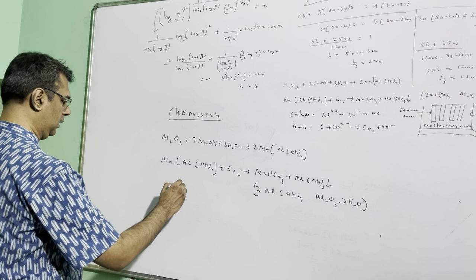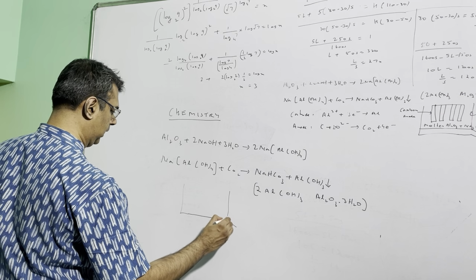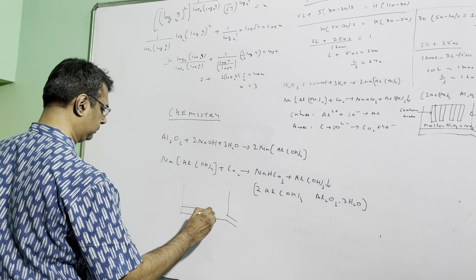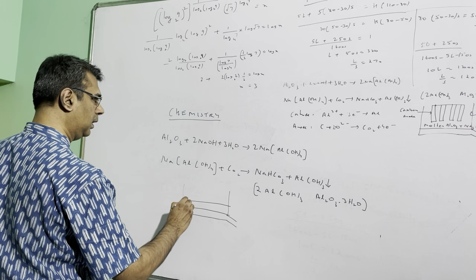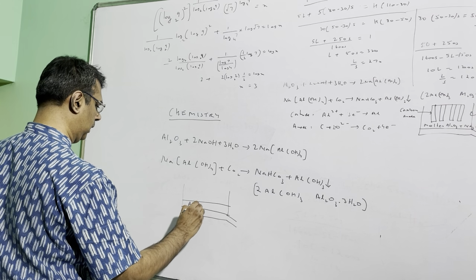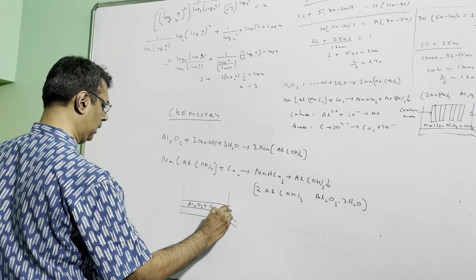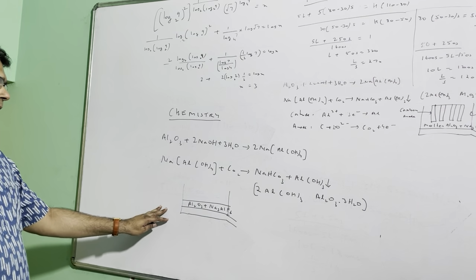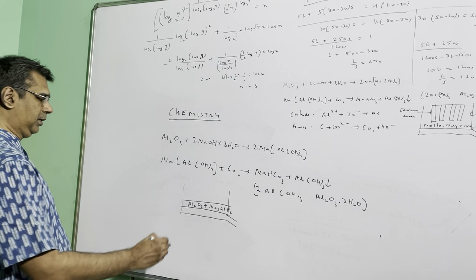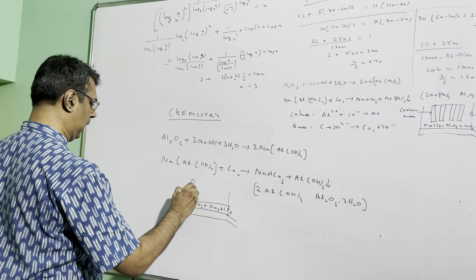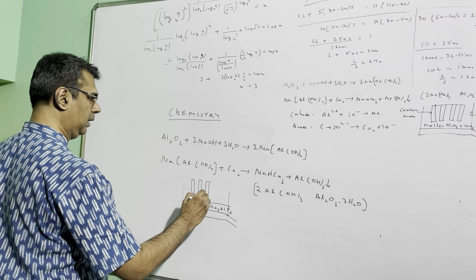Now once you have added cryolite, you will have molten Al2O3 plus Na3AlF6 combination. This will be your electrolyte, and carbon anodes will be there.